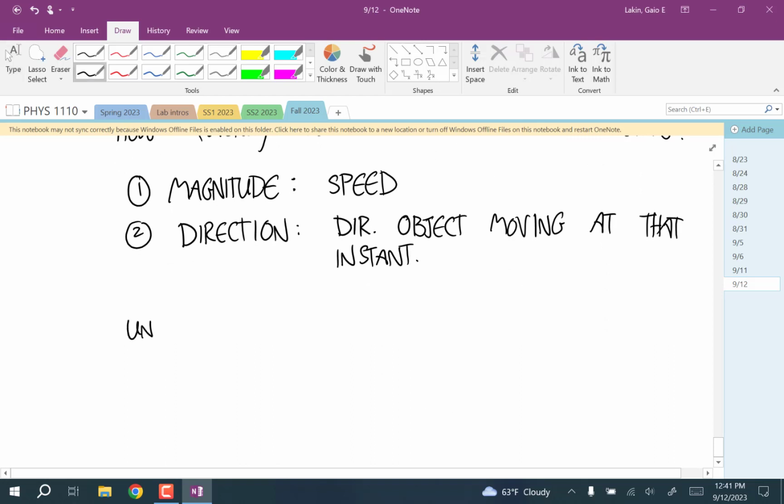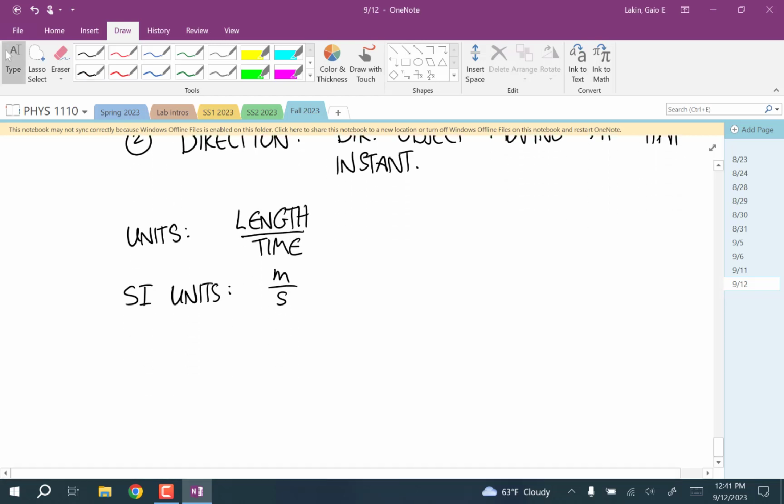The units of velocity are the same as they are in 1D. So it's units of length divided by units of time. And that means that the SI units for velocity are meters per second. And there are three things that you need to keep in mind about velocity.